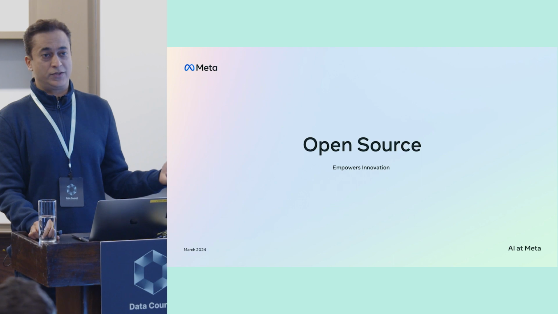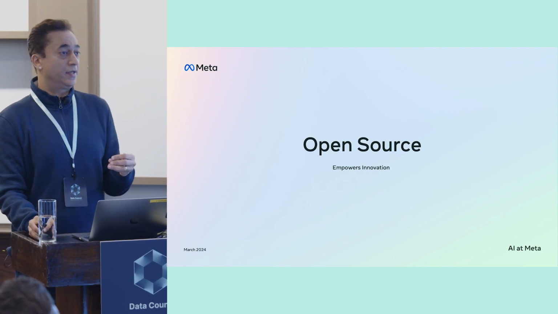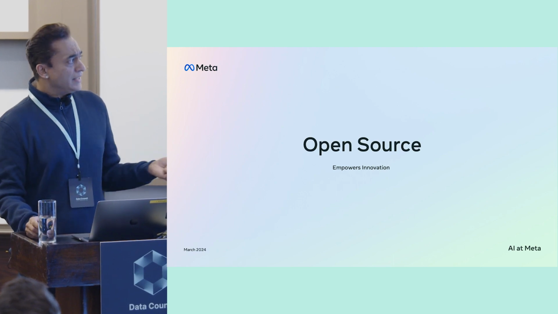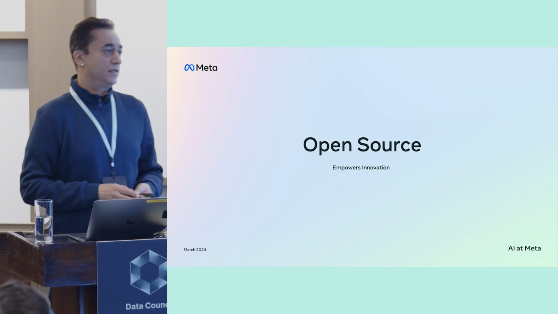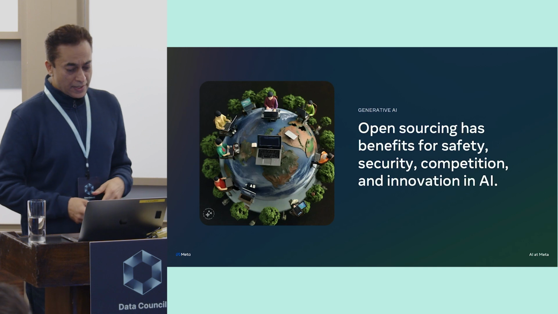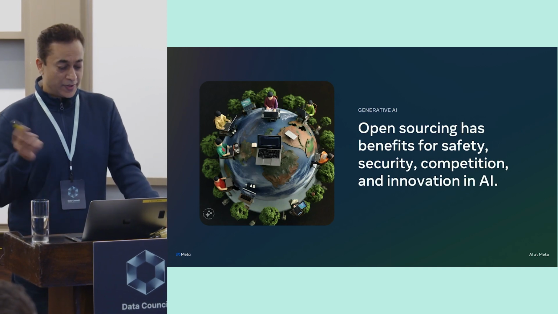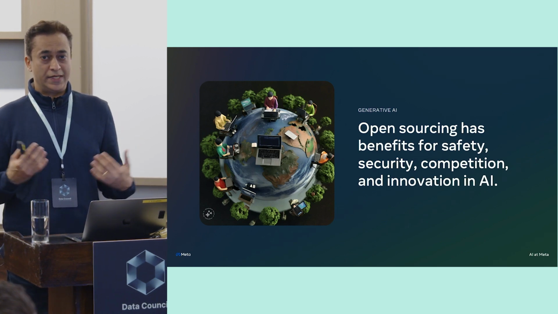People who don't have access to cloud infrastructure can run these models actually on a simple MacBook as well. So I think open sourcing is the biggest advantage, and Meta sees that as a big driver of innovation going forward as well.